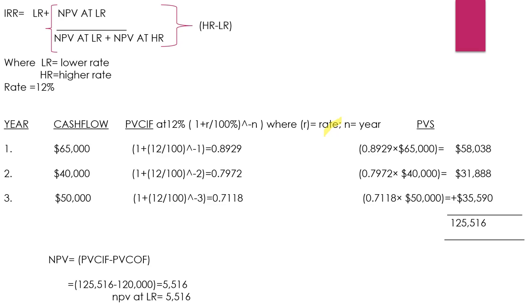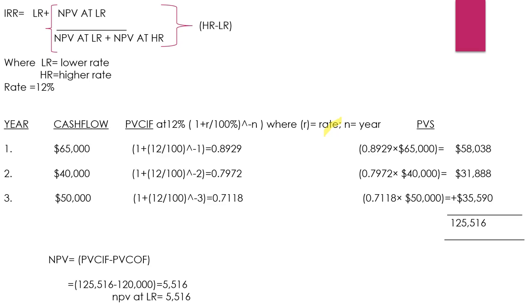We're going to look at the second year. In the second year, the cash flow we are given is $40,000. And the present value of cash inflow at 12% is 1 plus 12 over 100, 12 is the rate of capital. You raise it to power -2. Why are we raising to power -2? It's because we are in the second year.